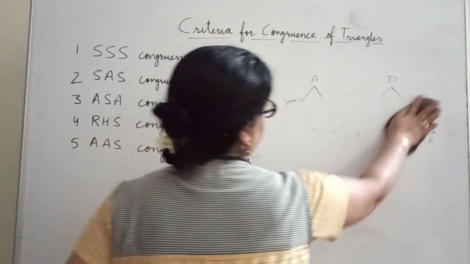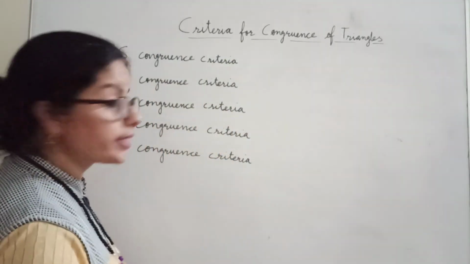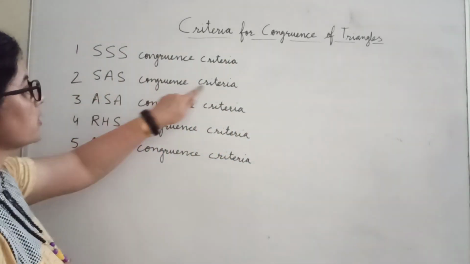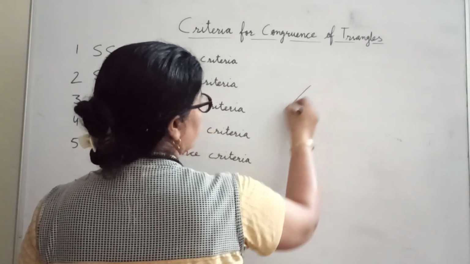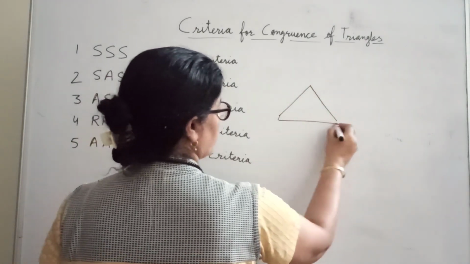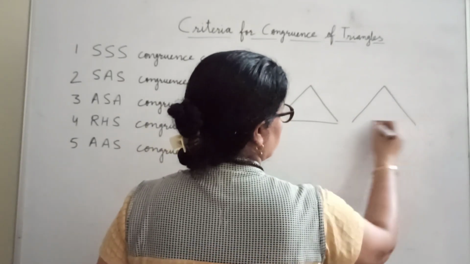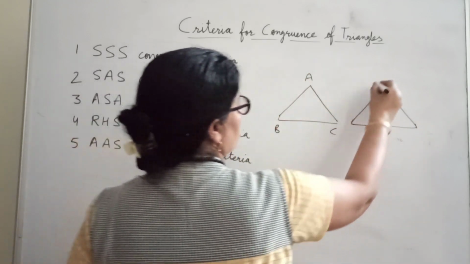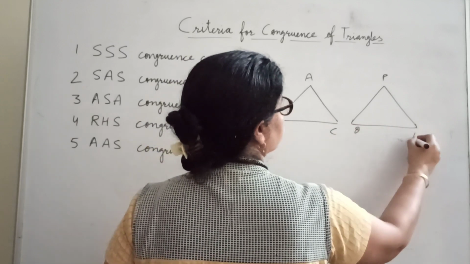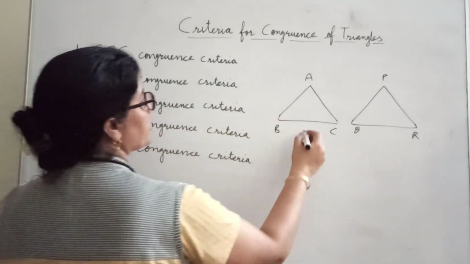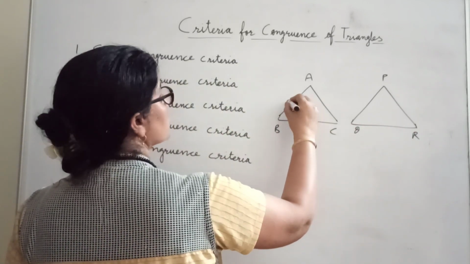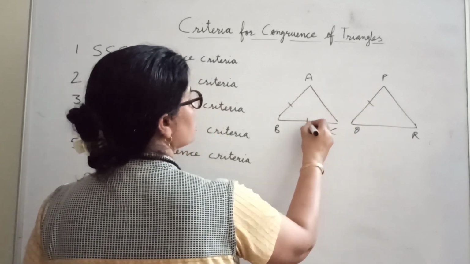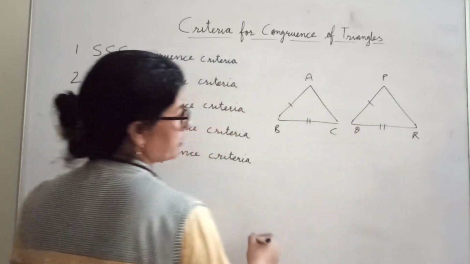Next criterion is the SAS congruence rule. See, these are our triangles. Let us take one triangle as ABC and one triangle as PQR. Suppose this side is equal to this side and measure of this side is equal to measure of this side.